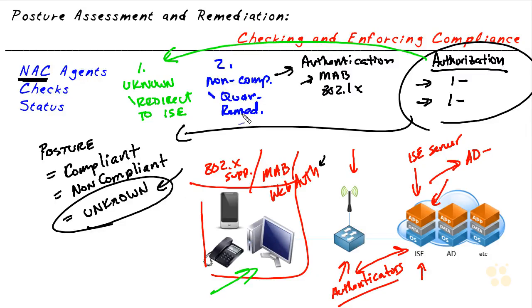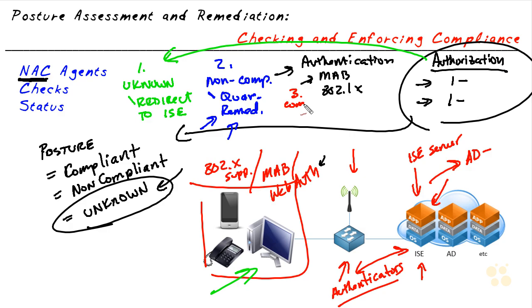So, for example, if you and I are requiring a certain level of antivirus to be installed on the host, when that host is put into this remediation VLAN, we should also have the updates that they need in that VLAN so that the user can go ahead and act on those updates. Because the intention is we want the host to get up to speed, make sure they're current, make sure they're compliant, then re-authenticate again, and that can bring us to our third authorization profile.